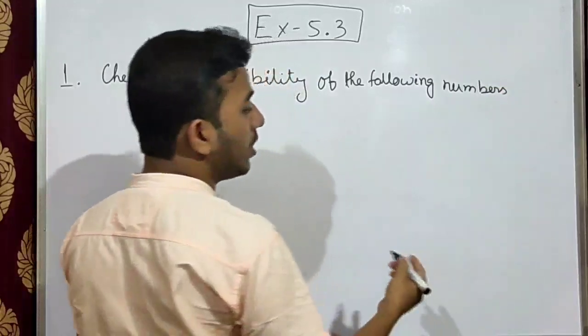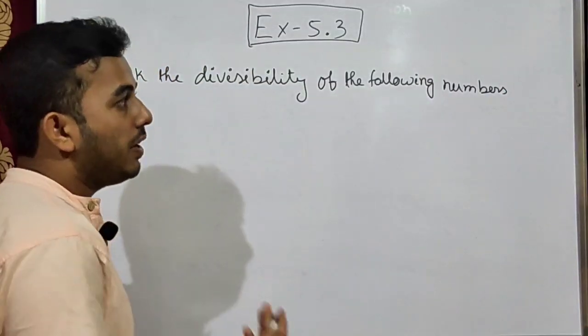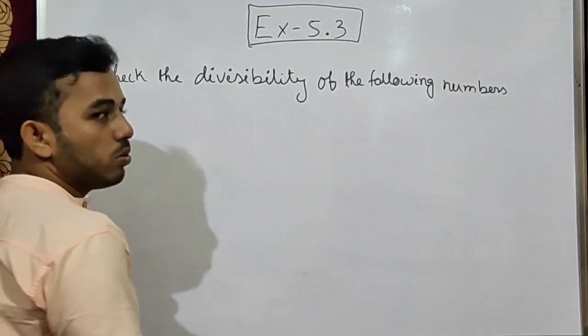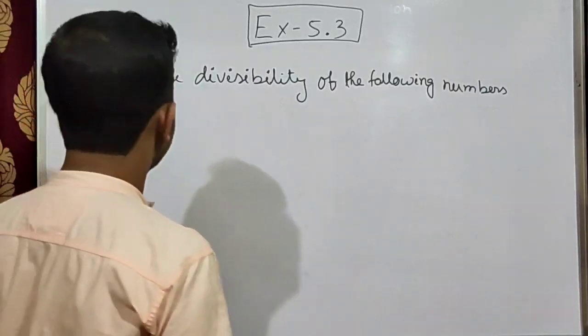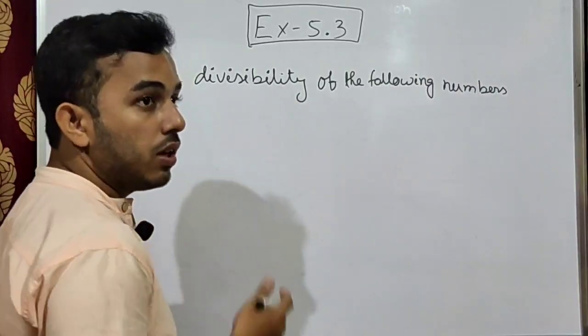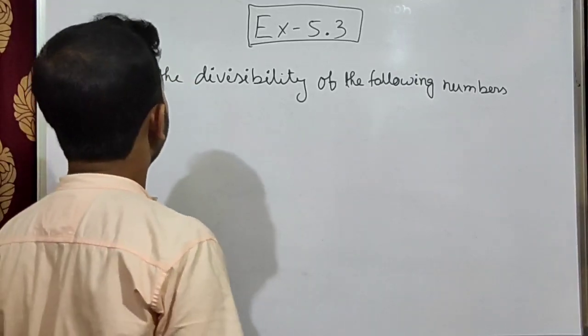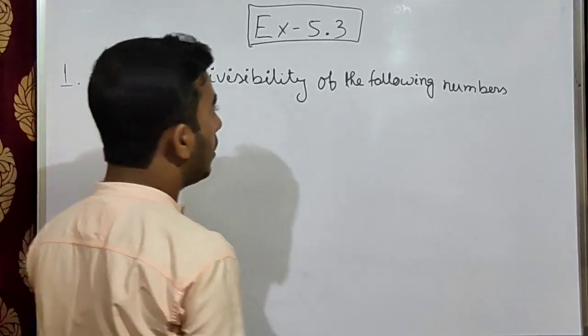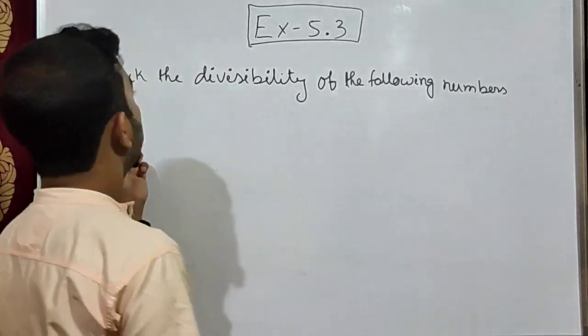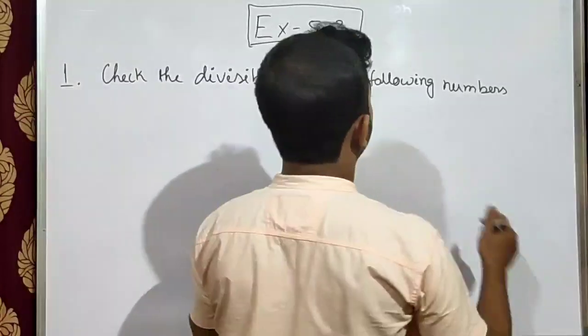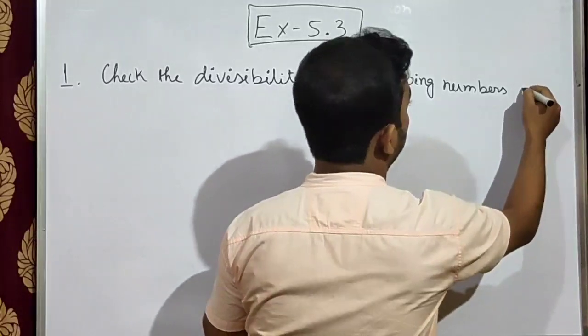If you understand the rule, you can solve any numbers. No need to solve all the questions, because if I give the solutions of all of them, it will take a 3 to 4 hour class, but we have only a 40-minute class. So check the divisibility of the following numbers with 3.